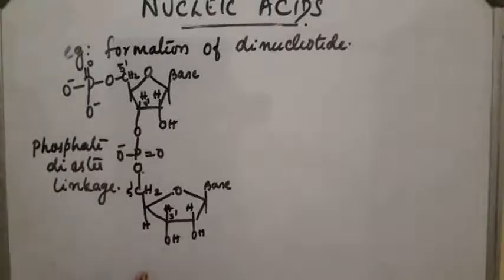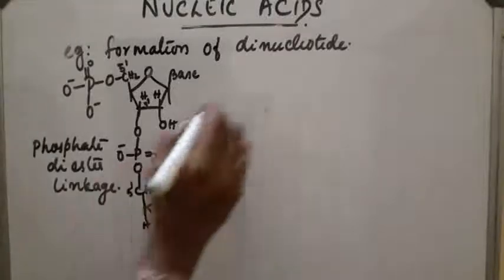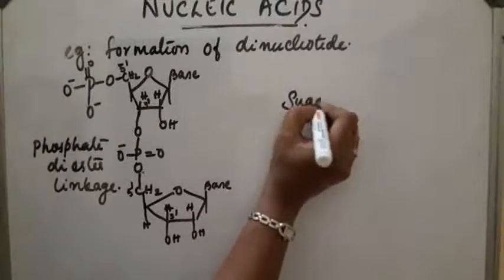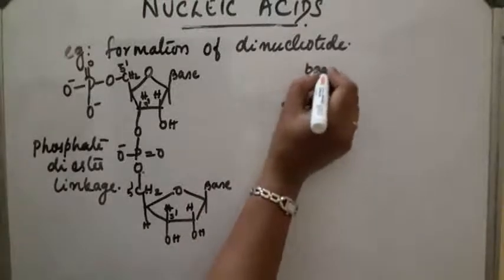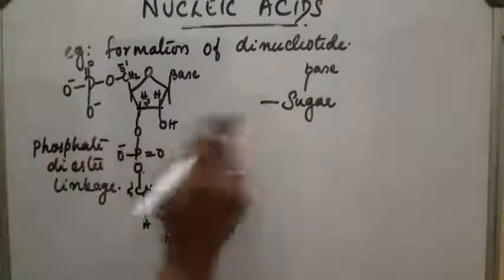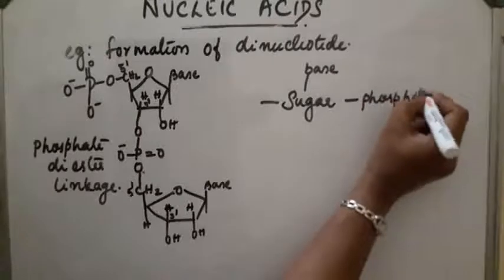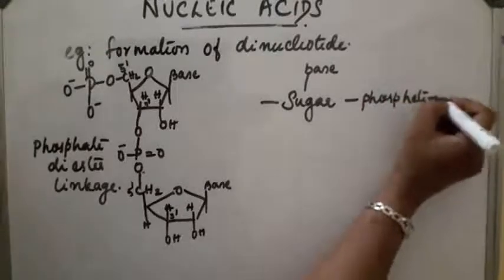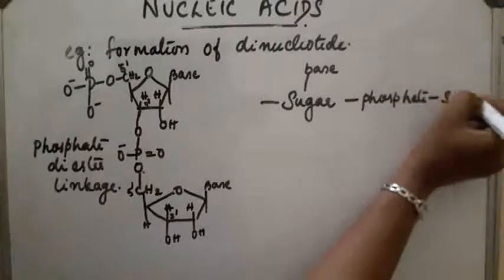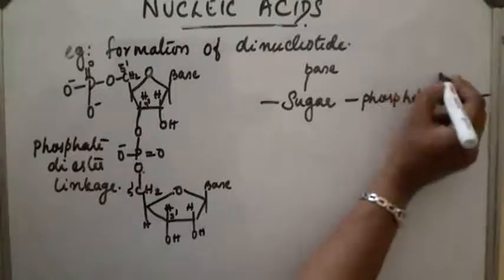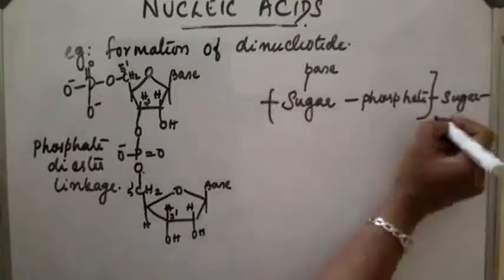In the case of polymers, this unit continues. So nucleic acid is a polymer of the complex unit of nucleotide. The simple chain we can draw like this: sugar, then the base is attached here, then the unit continues, then phosphate, then again this unit continues, n times.